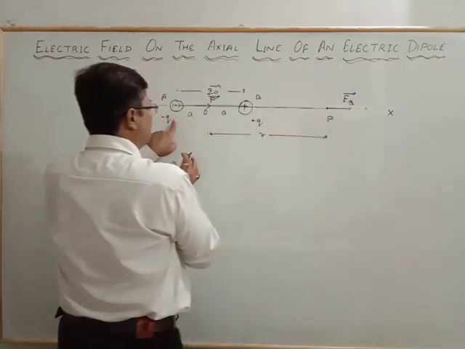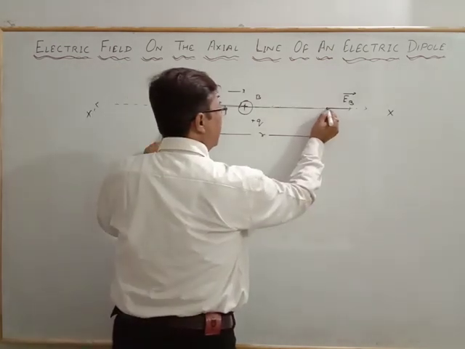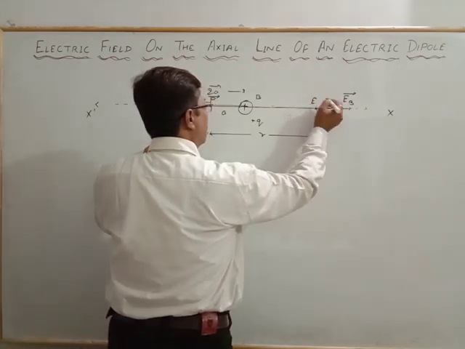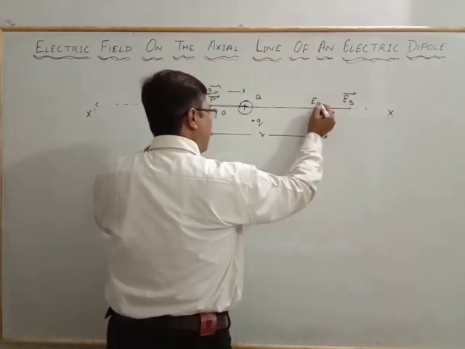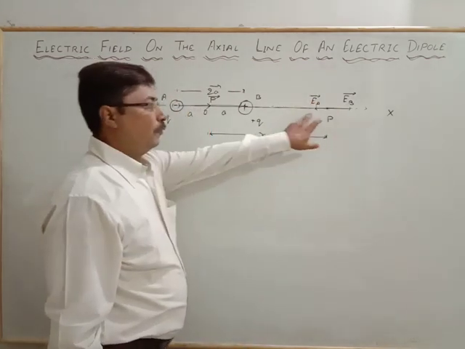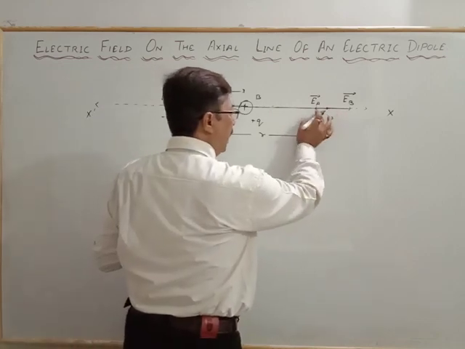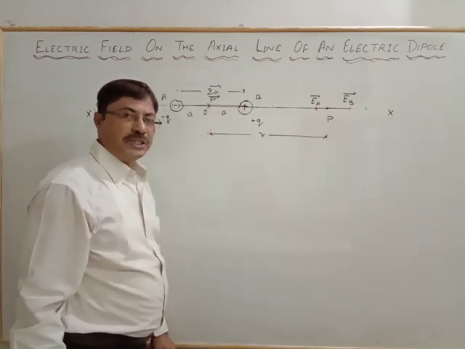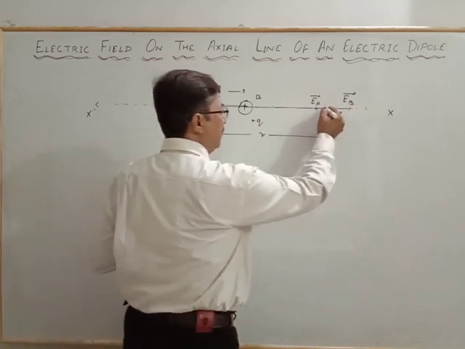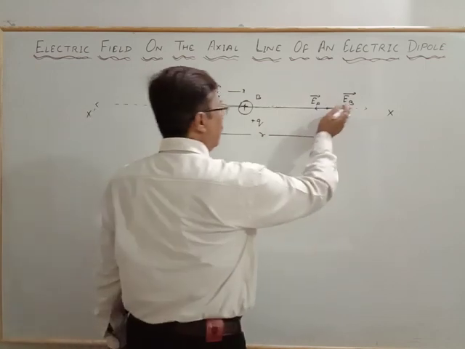Now for the charge A, that is the negative charge q, the electric field direction is towards the negative charge, and the value is EA. Two fields are there, and both fields are just opposite to each other. That means they make an angle of 180 degrees.